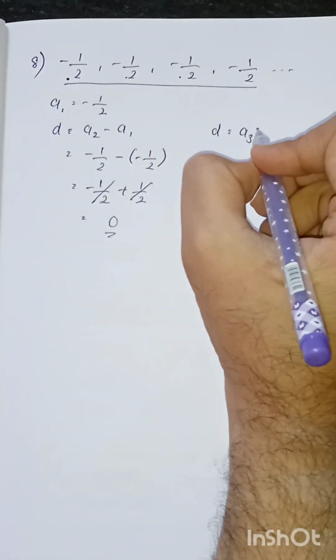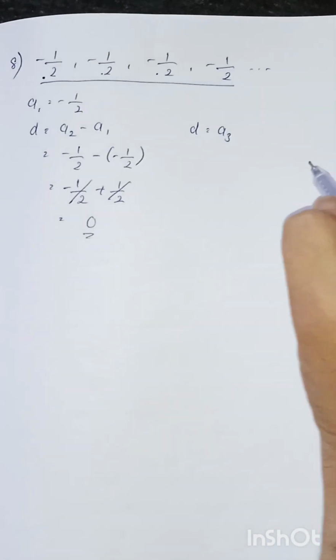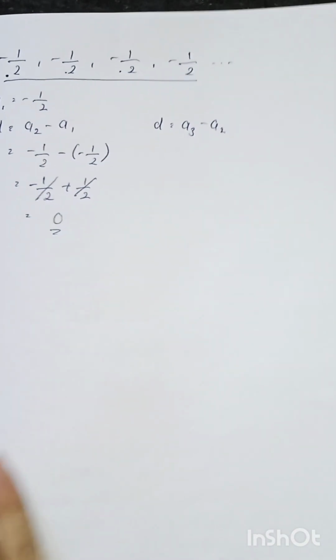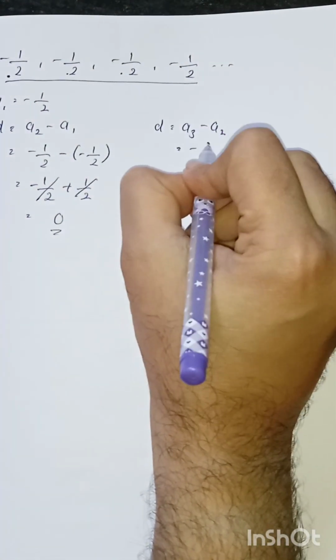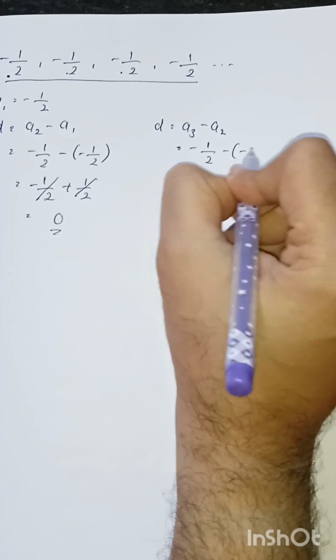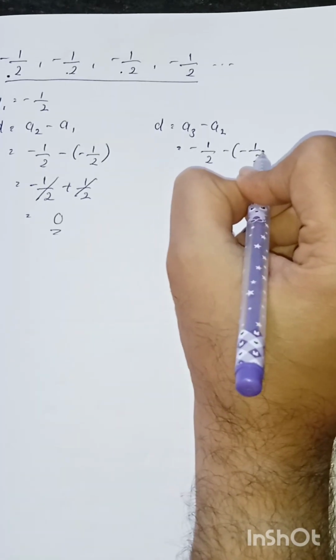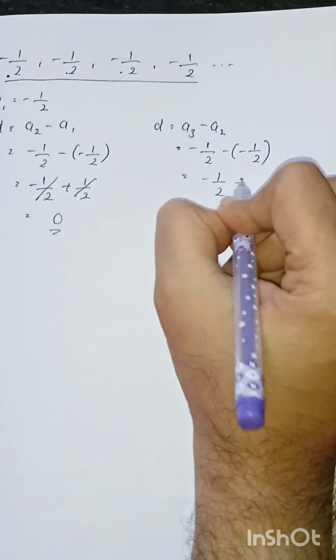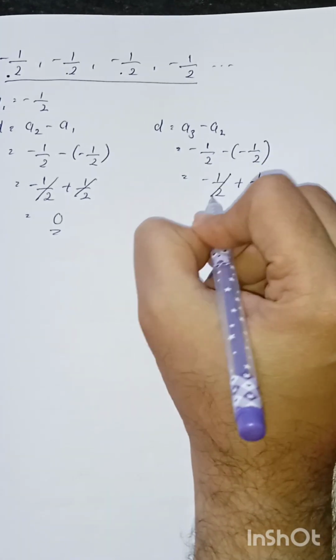A3 minus A2. Here also A3 is minus 1 by 2, minus of minus 1 by 2, that is A2. So minus 1 by 2 minus into minus plus 1 by 2. Minus 1 by 2 plus 1 by 2 get cancelled.